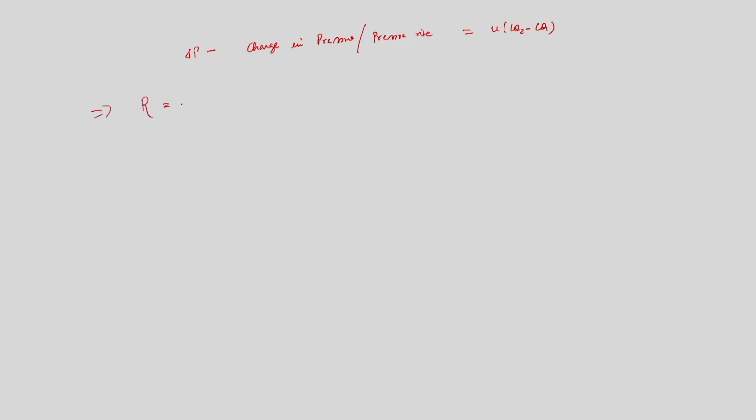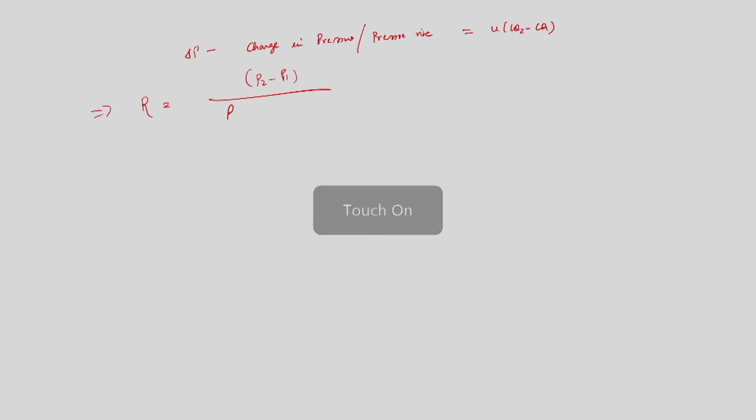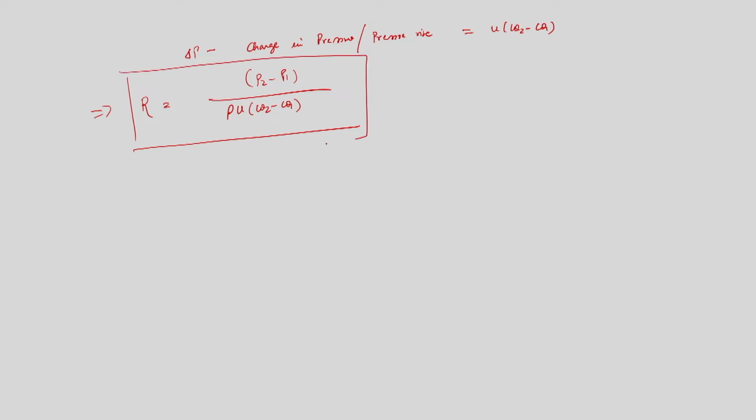Pressure rise is equal to rho U into C theta 2 minus C theta 1. Therefore, the degree of reaction R is equal to P2 minus P1 divided by rho U into C theta 2 minus C theta 1, where P2 minus P1 is the static pressure rise across the rotor divided by the total pressure rise across the stage.